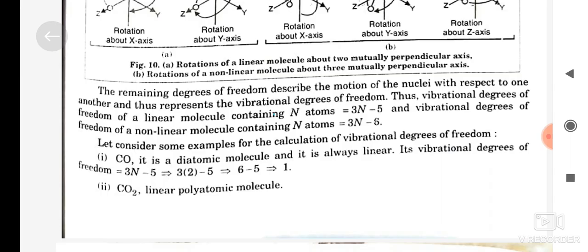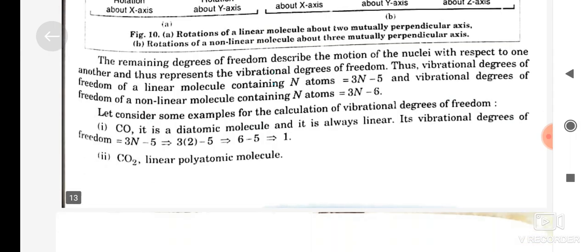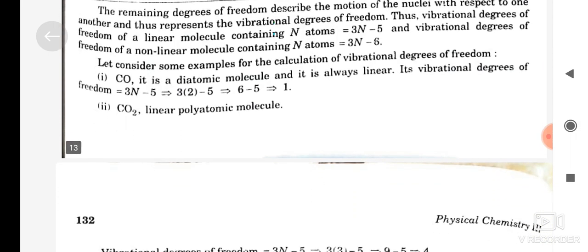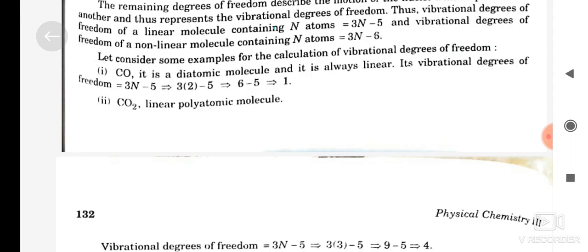Thus, the vibrational degrees of freedom of a linear molecule containing n atoms is equal to 3n minus 5, and of a non-linear molecule containing n atoms is equal to 3n minus 6. Let's consider some examples for the calculation of vibrational degrees of freedom. First, CO. It is a diatomic molecule and it is also linear.